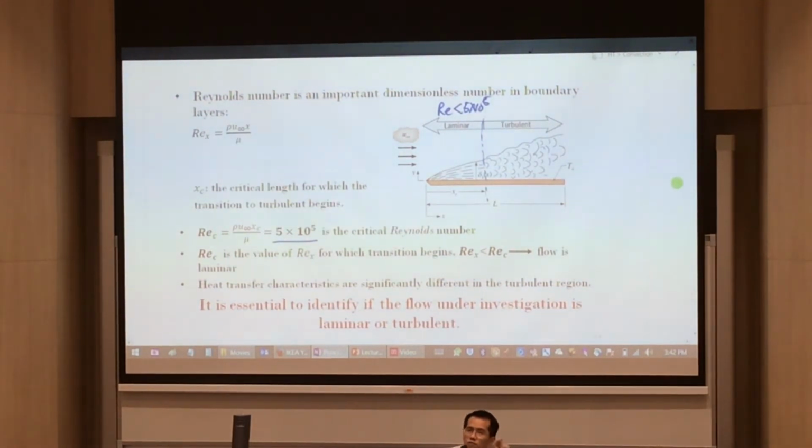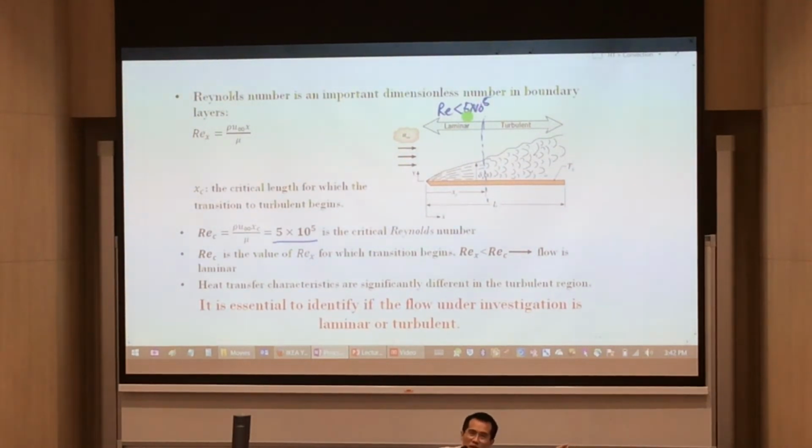But this value 5 times 10 to the power 5 resides in your transition zone. So sometimes certain textbooks would say, no, you can't really put a number to that because it's transition. So generally, if it's significantly lower, like 4 times 10 to the power 5, that one is in the laminar region.